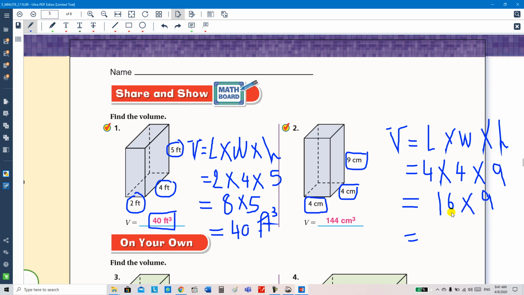Let's multiply that. 6 multiplied by 9 equal 54. 4 and you carry 5. 1 multiplied by 9 equal 9, and 5 equal 14. So it will be 144 cubic centimeters. So the answer here is 144 cubic centimeters. The volume of this rectangular prism equal 144 cubic centimeters, because we are using here centimeters to measure the length.